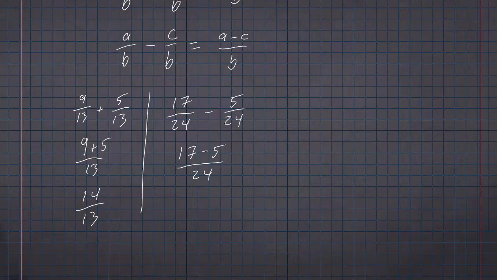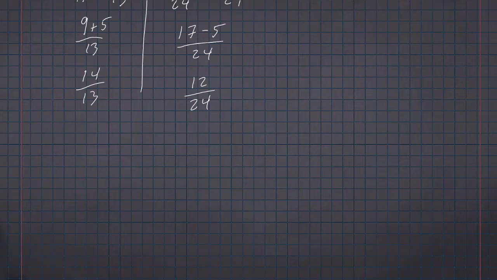And 17 minus 5 is 12. But 12 over 24 is a fraction that can reduce. In fact, the easiest way to do this is to notice that 24 is 2 times 12. So if I divide top and bottom by 12, I get that the result here is 1/2.